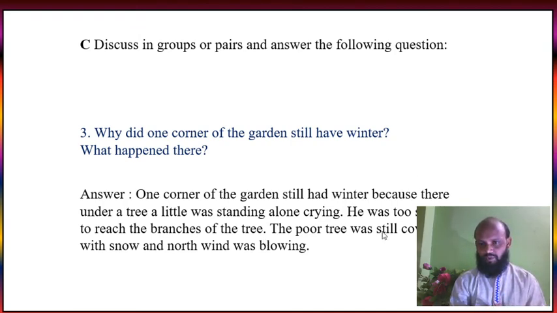The poor tree was still covered with snow and north wind was blowing. You see the phrase, the poor tree was still covered with snow. So there it was still winter.